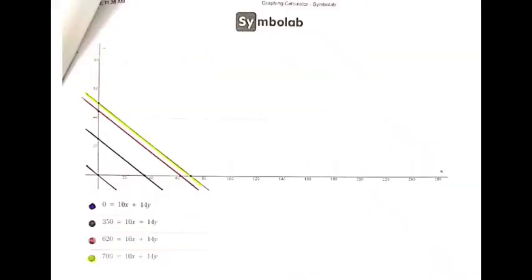So we can suppose any value of x, like if we suppose the value of x is equal to 10, we can get y is equal to 17.85. So you can see whatever value you take, your value will lie on this line.